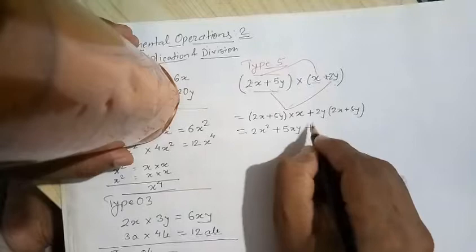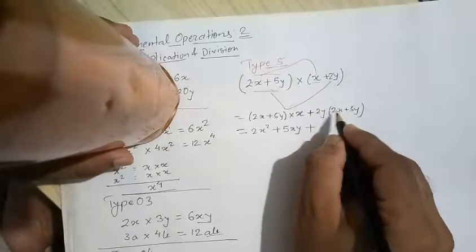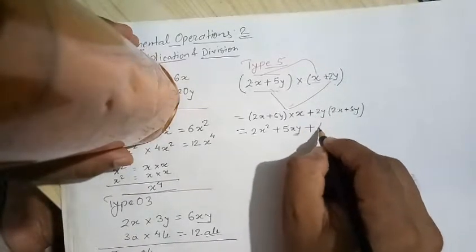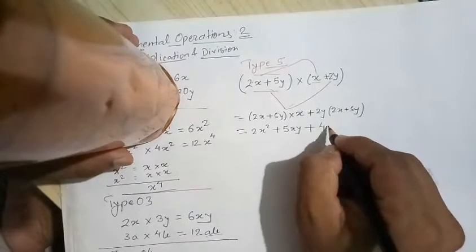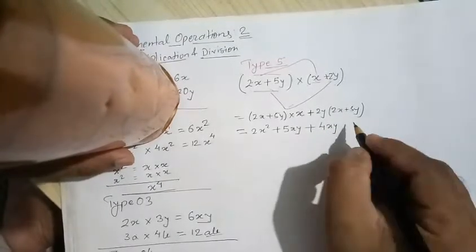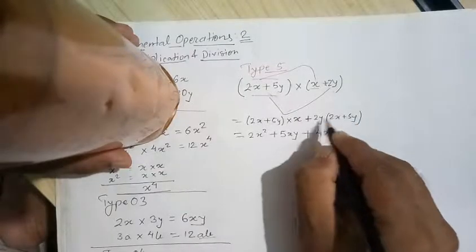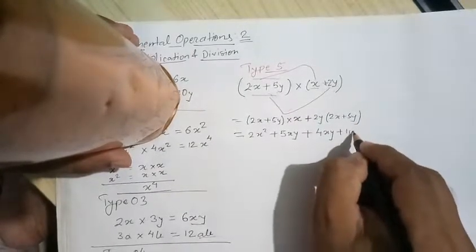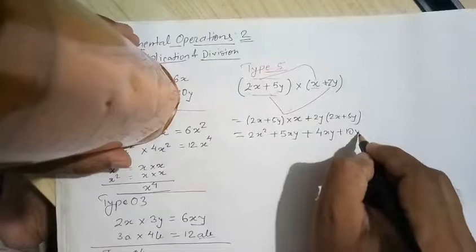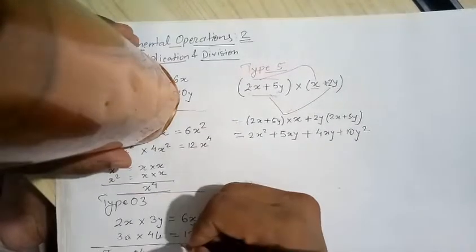Now plus sign. Now 2y multiplying with 2x. 2 2s are 4, and x into y, 4xy. Next step, 2y into 5y. So 2 5s are 10, and y into y is y squared.